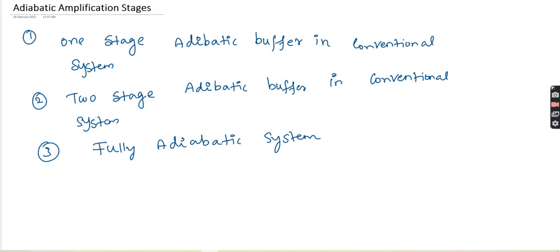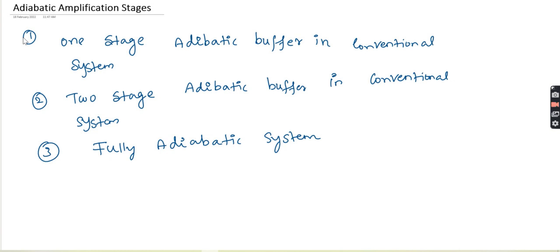So now we are going to study a one stage adiabatic buffer and a two stage adiabatic buffer, because you can cascade them, as you know that with amplifiers, if you increase the stages, you can improve the circuit. Right.